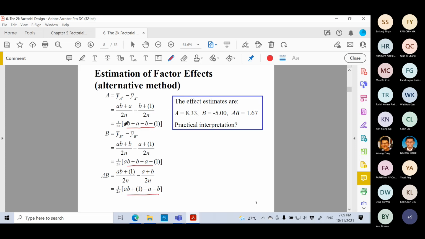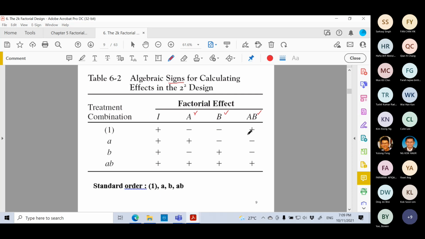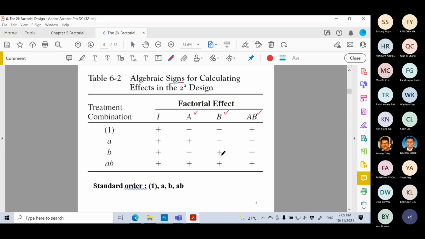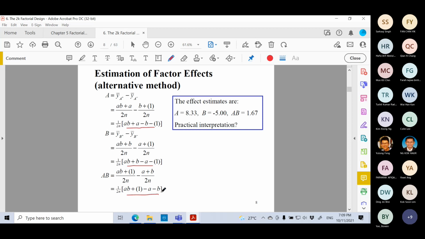But when you start the calculation, you get it from the table. This table tells you that in the 1 row A is minus, and for factor B, A and 1 are minus. AB and B are plus. For the interaction AB, A and B are minus, so you refer to here, which is equivalent to this.